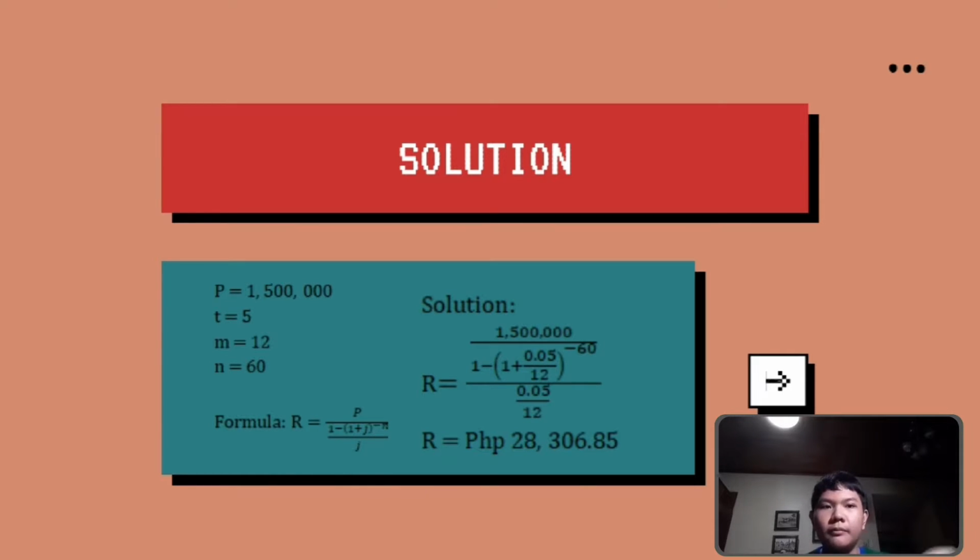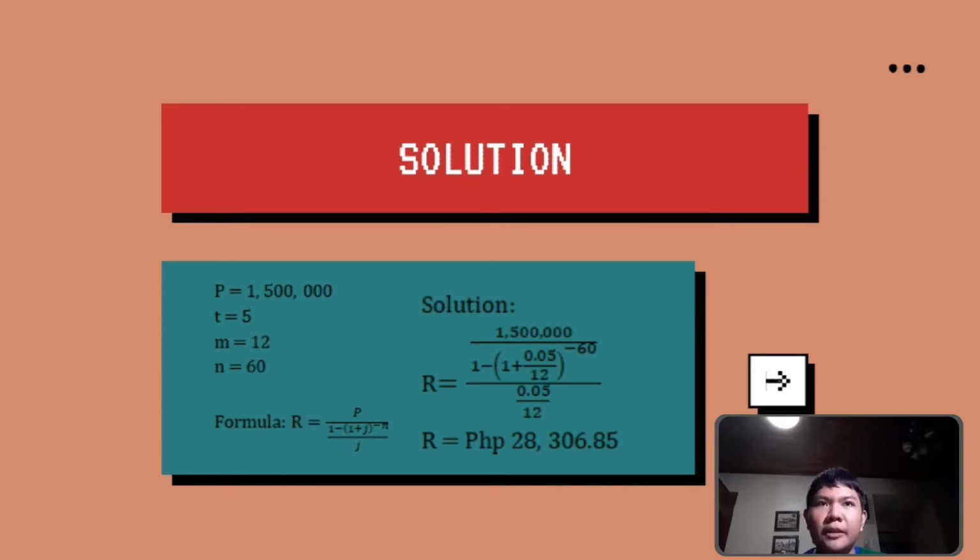The formula to be used here is R equals P over the quantity 1 minus open parenthesis 1 plus J close parenthesis to the power of negative N, all divided by J. Substituting the values to the given formula, we will have R equals 1,500,000 over 1 minus open parenthesis 1 plus 0.05 divided by 12 close parenthesis to the power of negative 60 all over 0.05 divided by 12.